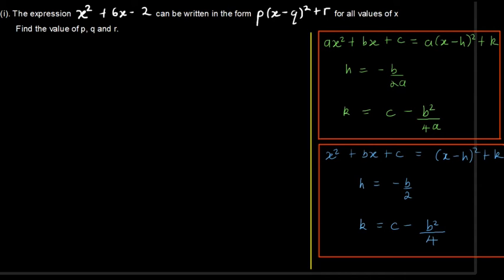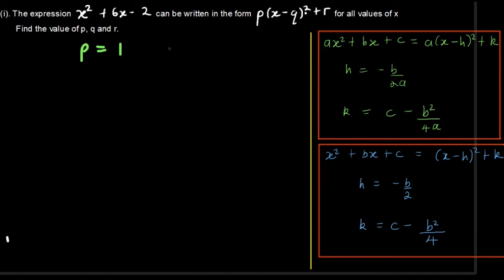Because if we expand this vertex form to the standard form, the x squared will multiply with p. So generally the coefficient of x squared will always be the same as the coefficient of x squared in this form. And so we already know that of course p is the same as 1.